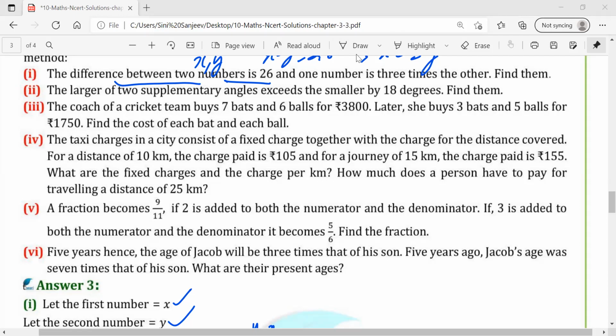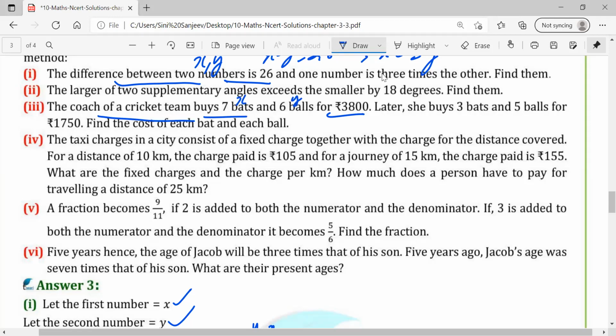Now coming to the next question. The coach of a cricket team buys 7 bats and 6 balls for 3,800. Bat is x, ball is y.